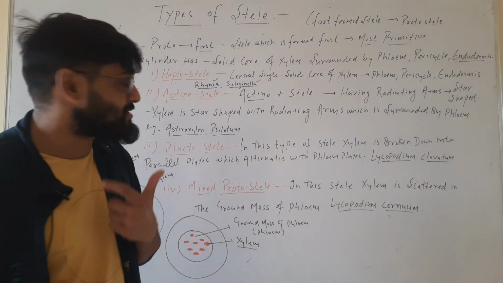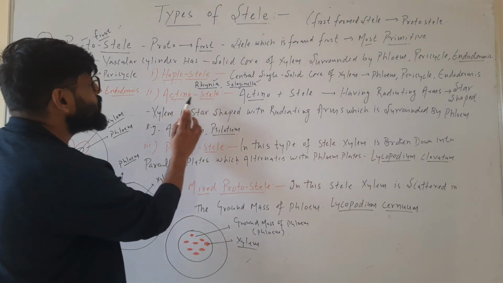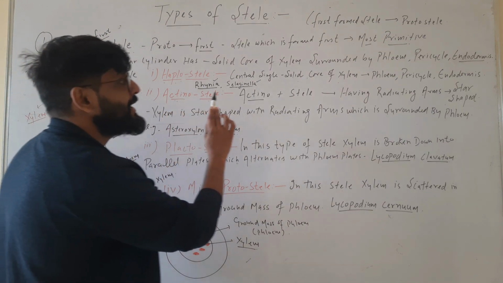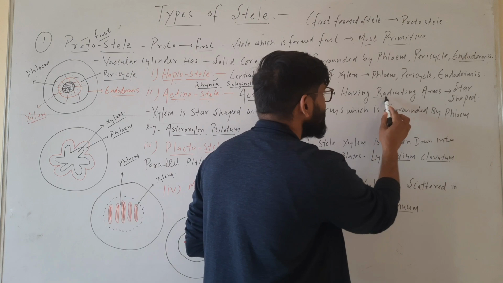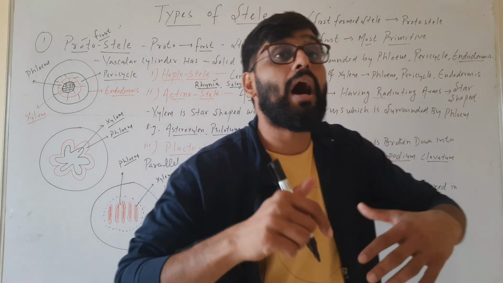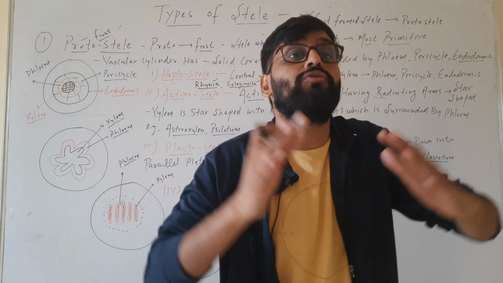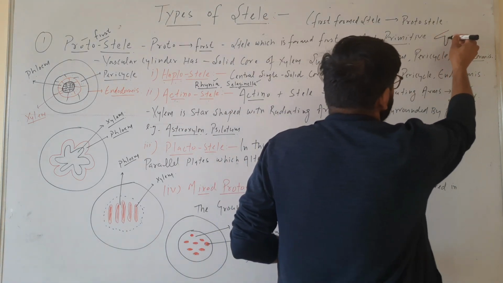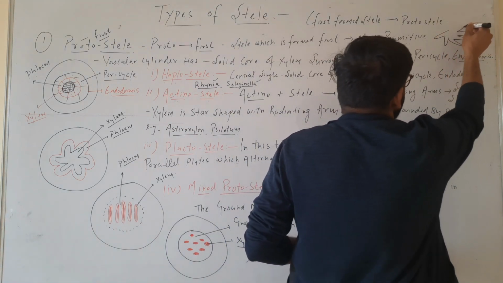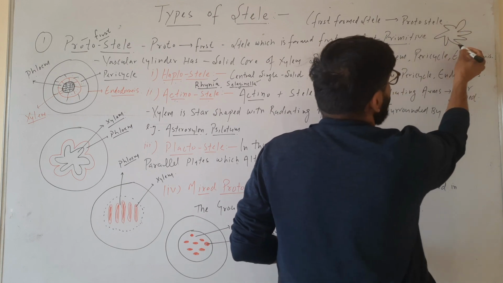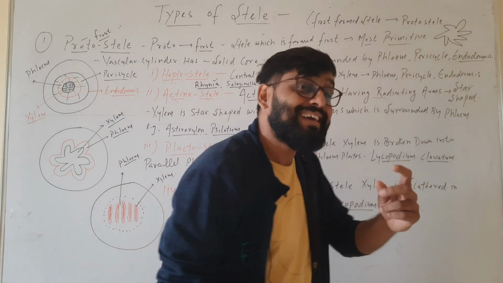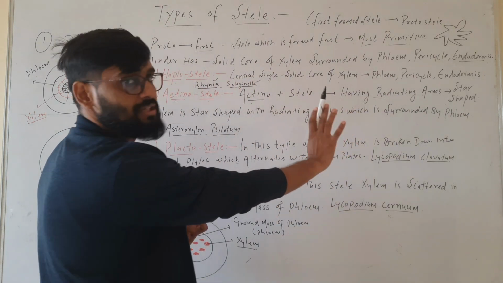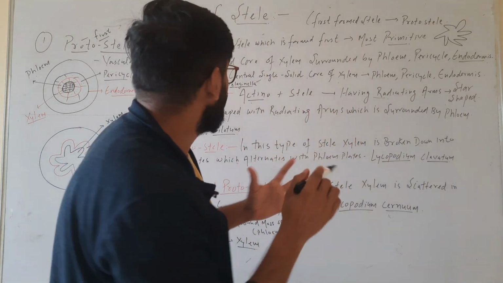Now coming to the next type, that is actinostele. Actino means having radiating arms, anything that has arms radiating outwards. You can see in this diagram that the arms are radiating outward, or you can say it is star shaped. So actino means star shaped, having radiating arms.